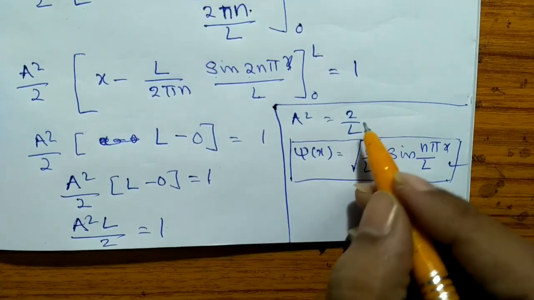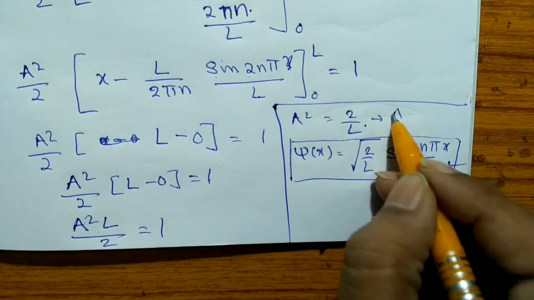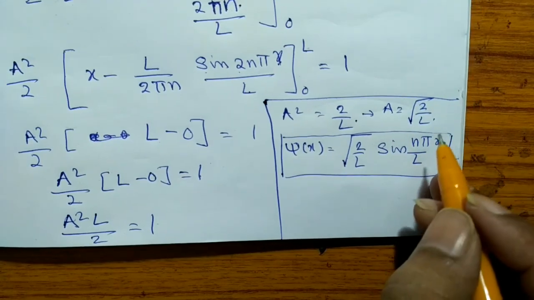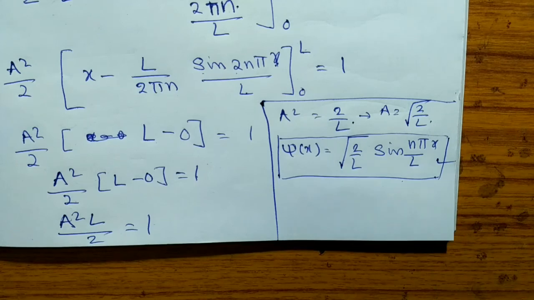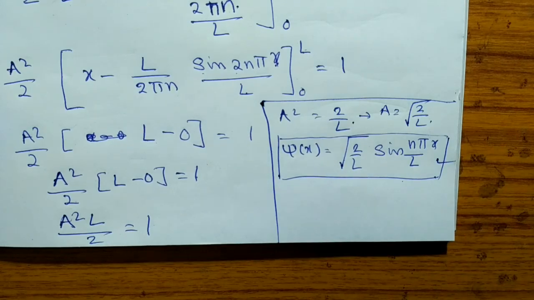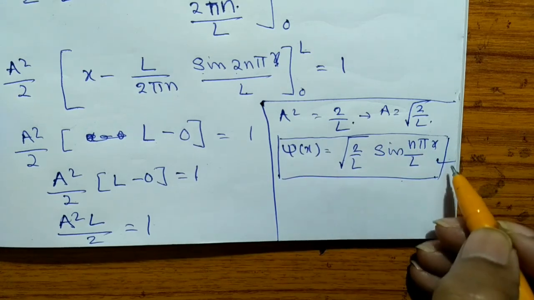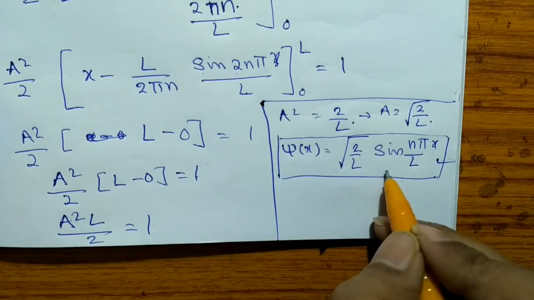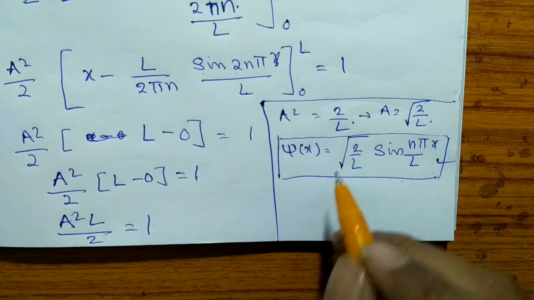Here A is equal to root of 2 by L, and I substituted this value here. This equation gives the waveform of the particle enclosed in the infinite deep potential well. Thank you.